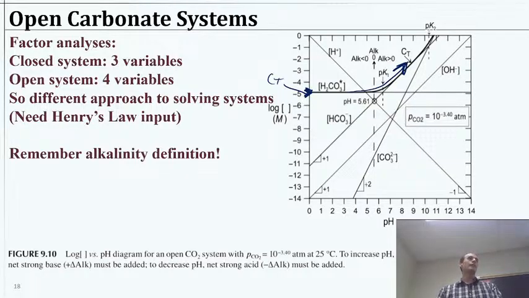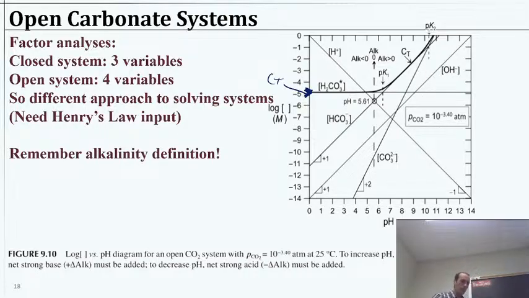So that's the difference when we have an open system: our total carbonate can increase further and further. We're not limited by some cap. So we can find values for HCO3 minus and for CO3 2 minus accordingly.